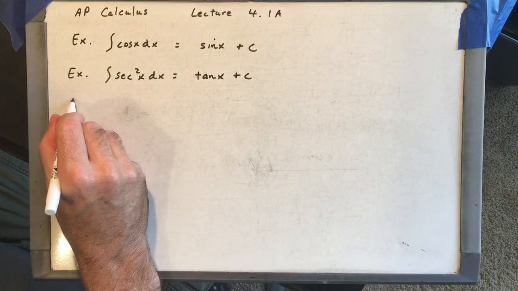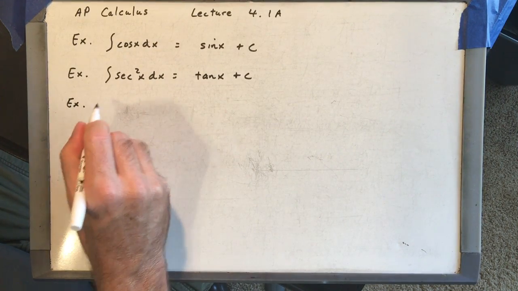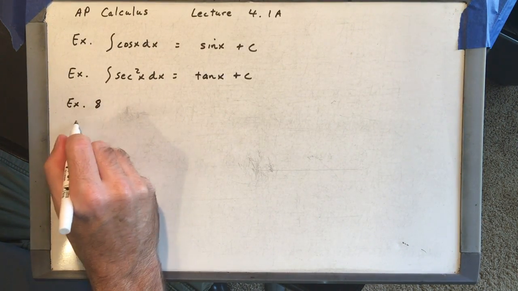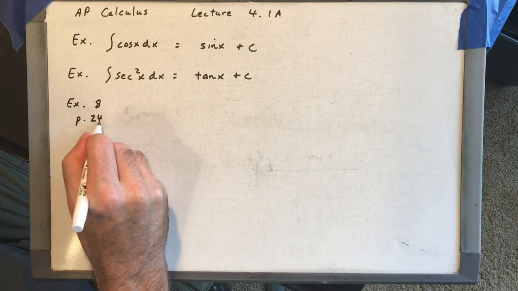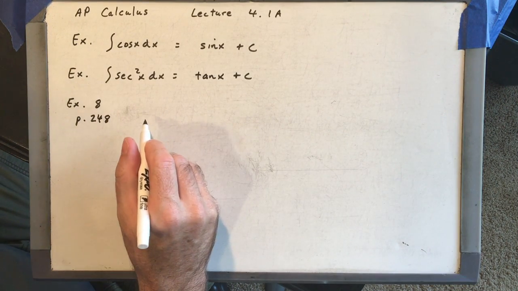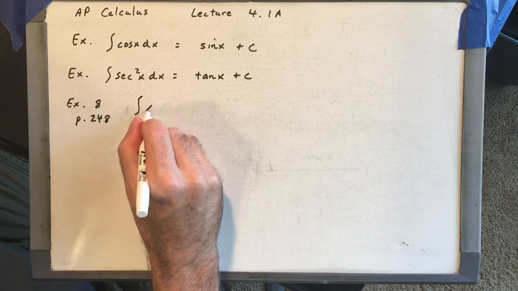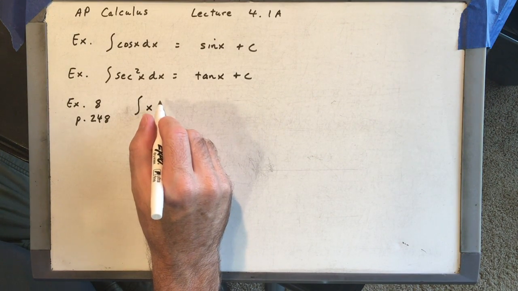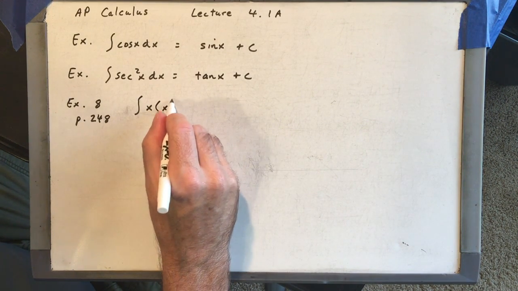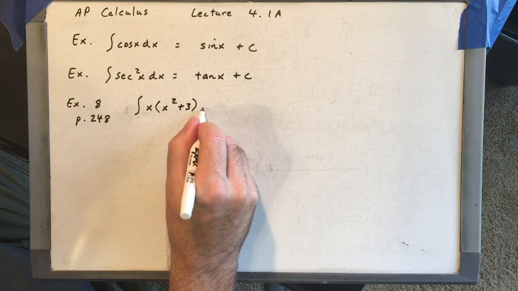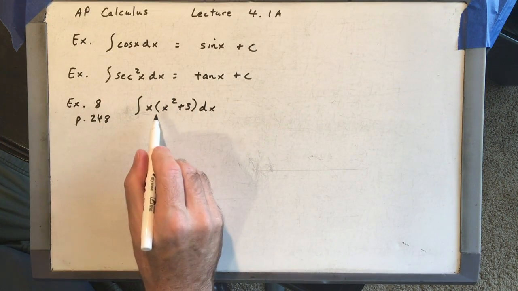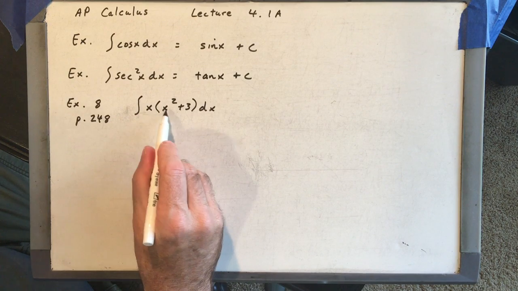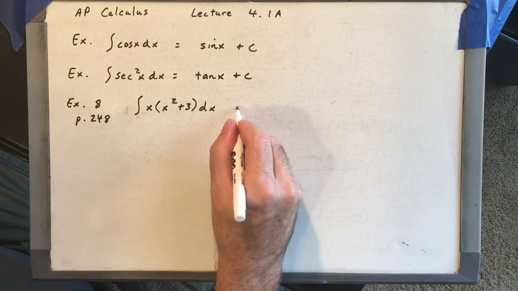All right. Now in the book we're on page 248, so let's look at example 8. You don't have to go there because I'm going to write the problem down. But it says integrate x times x squared plus 3. Well, what we need to do is just multiply the x by each term.